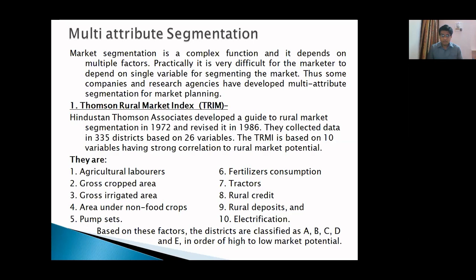For example, TRIM, the Thomson Rural Market Index. Hindustan Thomson Associates developed a guide to rural market segmentation in 1972 and revised it in 1986. They collected data of 335 districts based on 26 variables and statistically correlated them. TRIM is based on 10 variables having a strong correlation with rural potential.